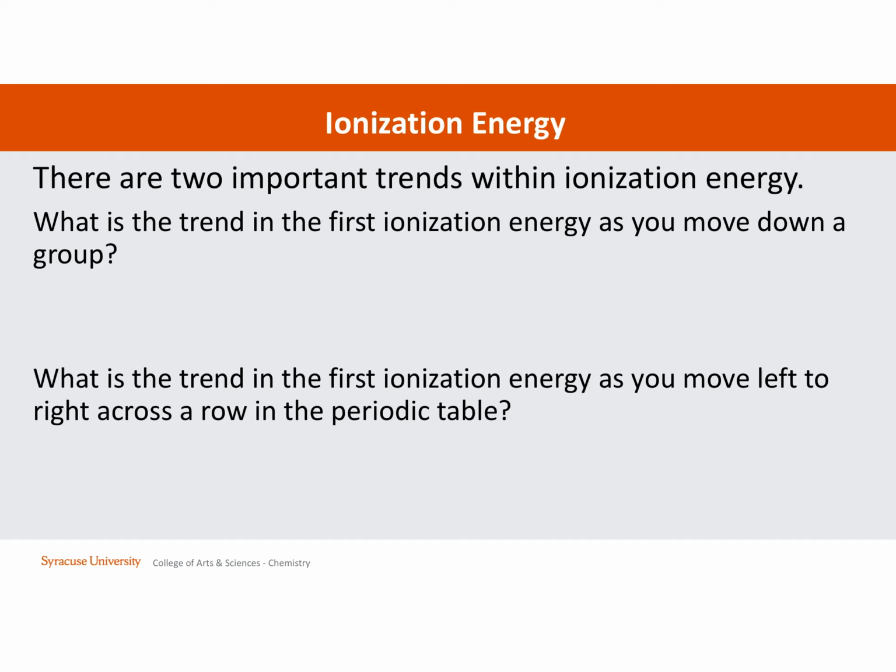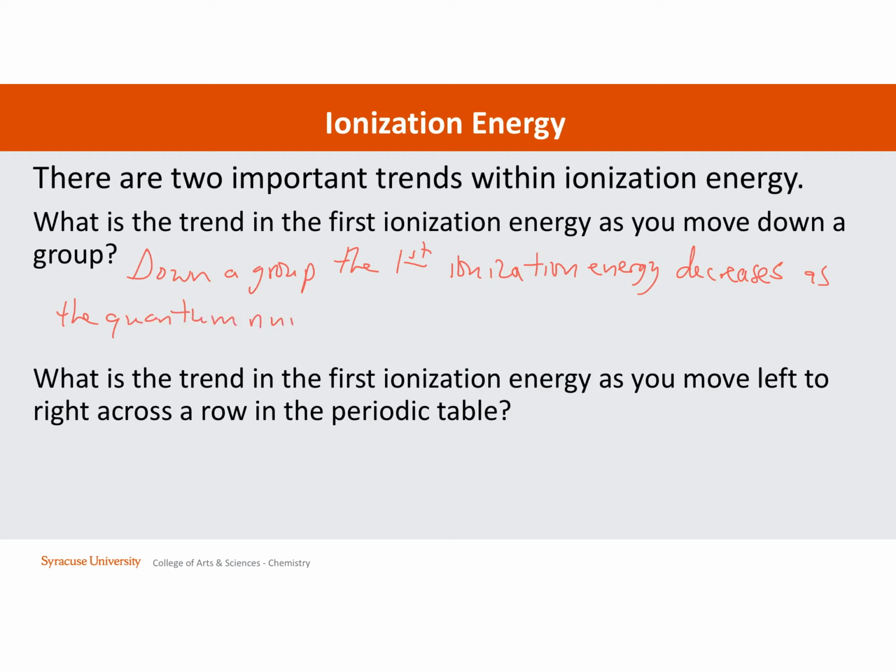So what is the trend in first ionization energy as you move down a group? Down a group, the first ionization energy decreases as the quantum number increases, right?